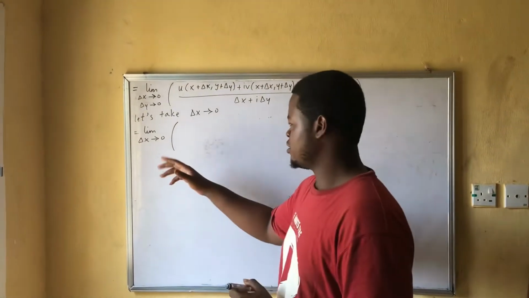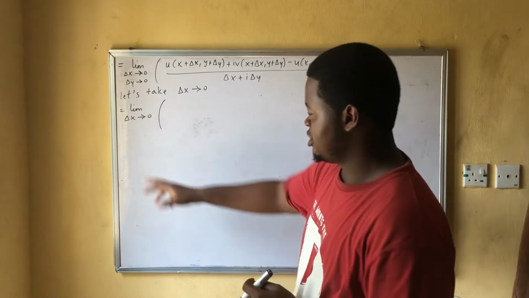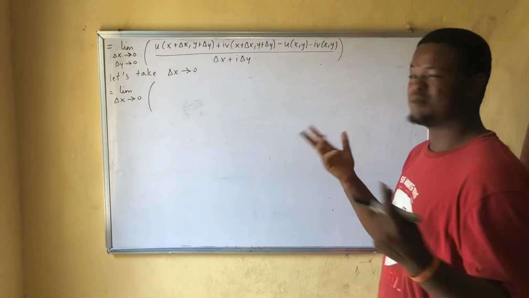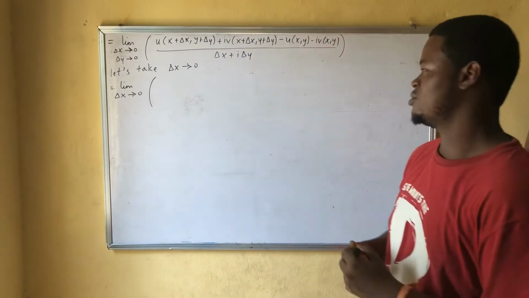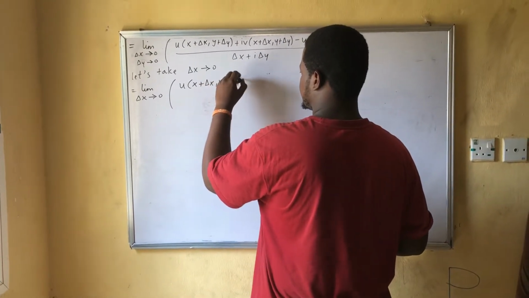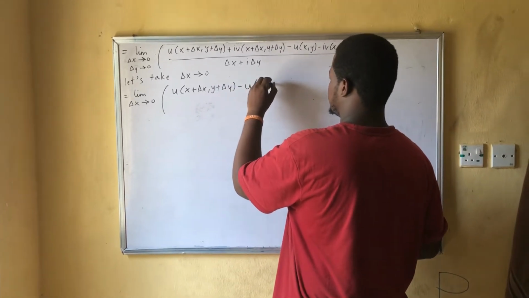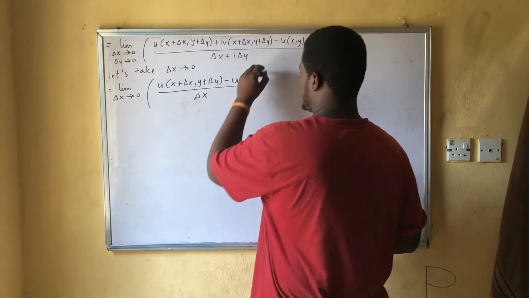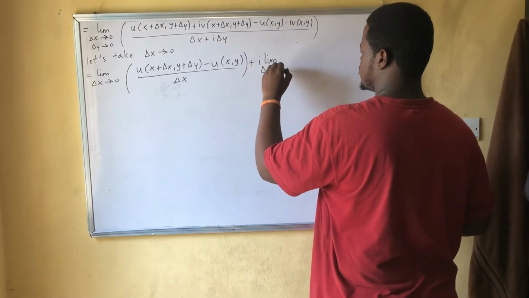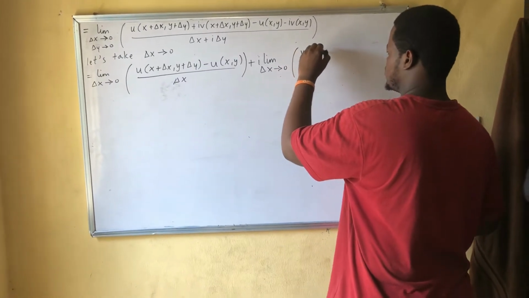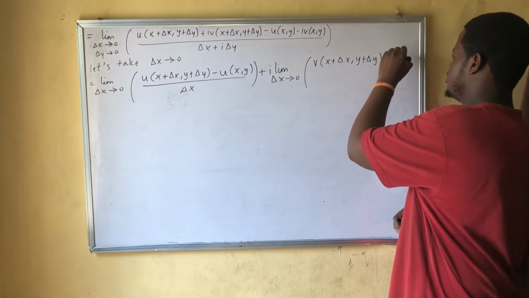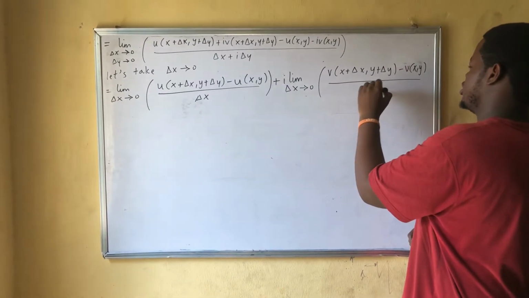Okay, since I told you we are going to break the question into two parts, this is the first part, the dx part. The first thing to do here is to take all the u's to one side and all the v's to one side, or simply take the real parts to one side and the imaginary parts to the other. Then it's going to look like this: u of x plus dx, y, minus u of x y, plus i times v of x plus dx, y, minus v of x y, over change in x.